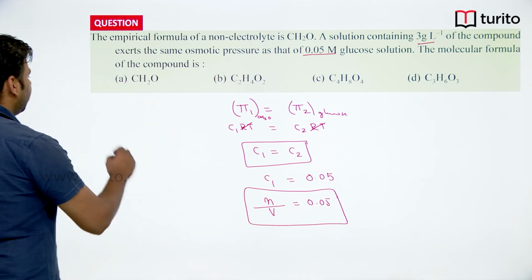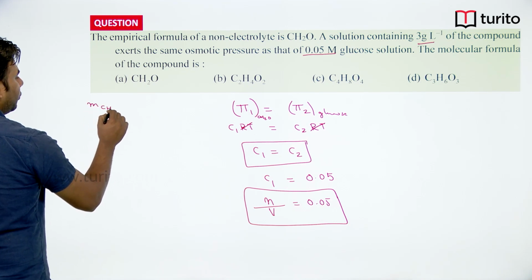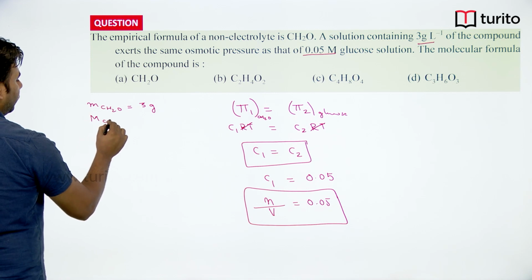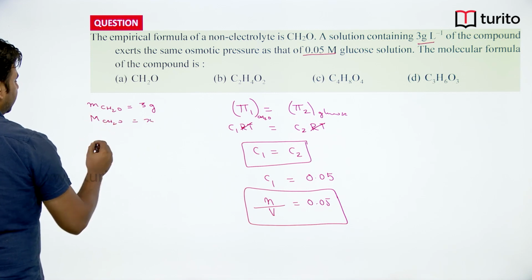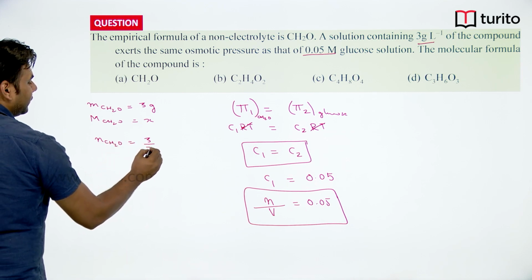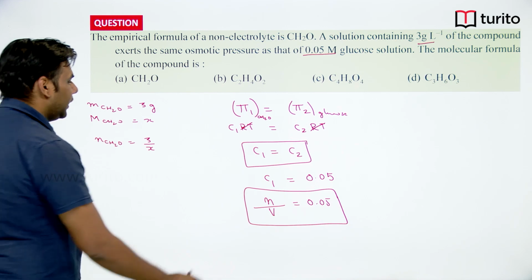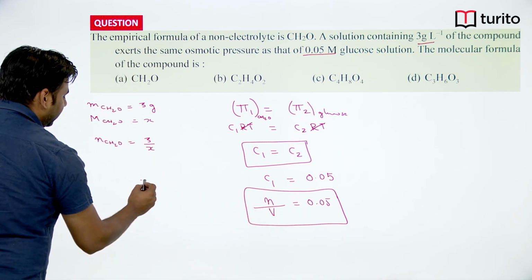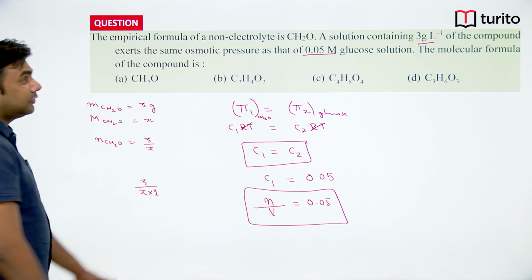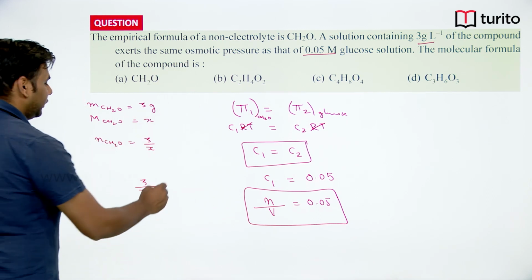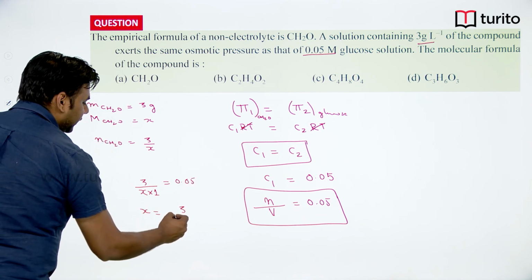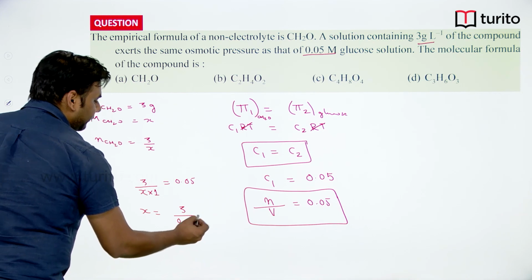So we know the mass of CH2O as 3 grams. Let the molar mass of CH2O be X. So the number of moles of CH2O would be 3 by X. Volume we know is 1 liter, it is written 3 gram per liter. This is equal to 0.05. So X we can calculate as 3 divided by 0.05.